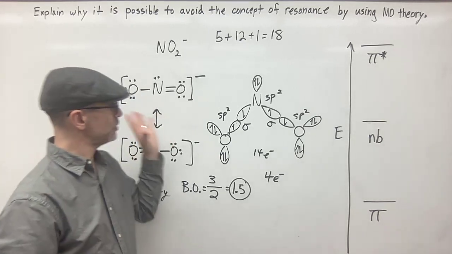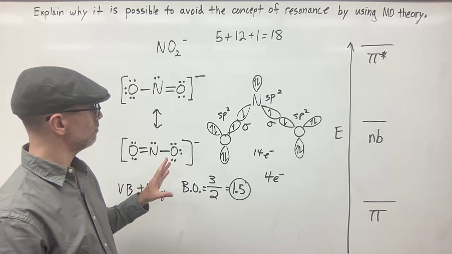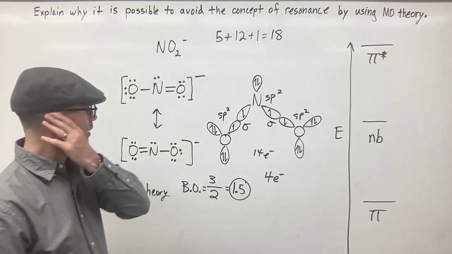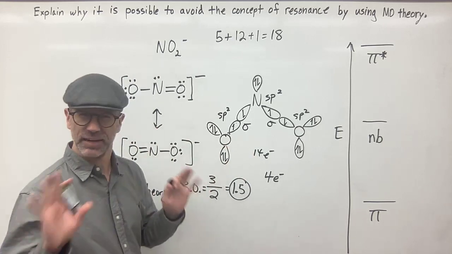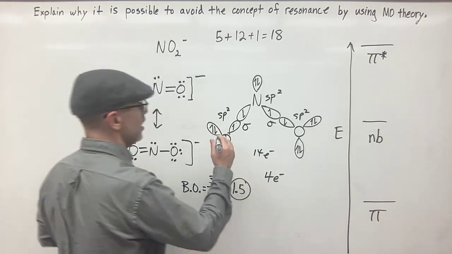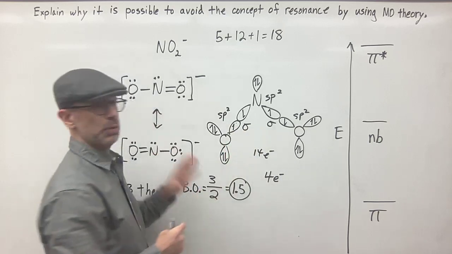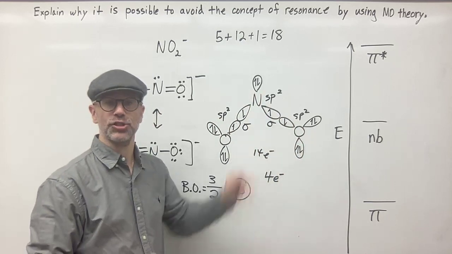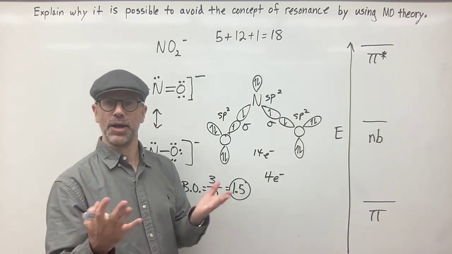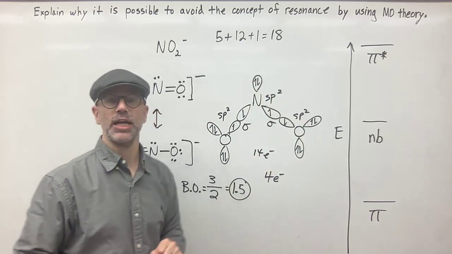Now, oops, I made a mistake. Sorry. Let's see. Yes, so you'll see here, I didn't make a mistake. Sorry about that. So you'll see here, all of this is sp2 hybridized, which means that each of the oxygens and the nitrogen have 1 unhybridized p orbital. So that gives us 3 unhybridized p orbitals.